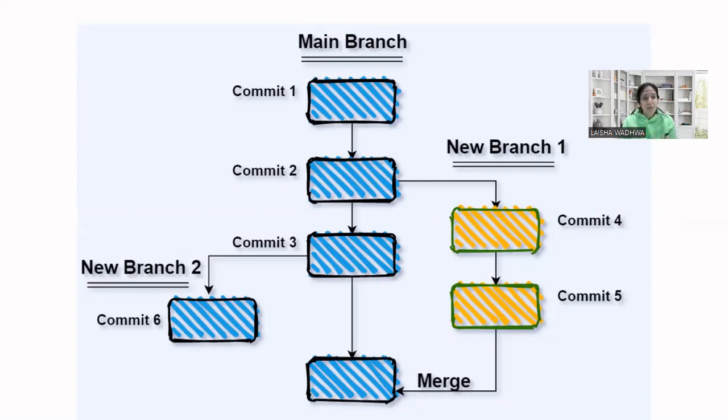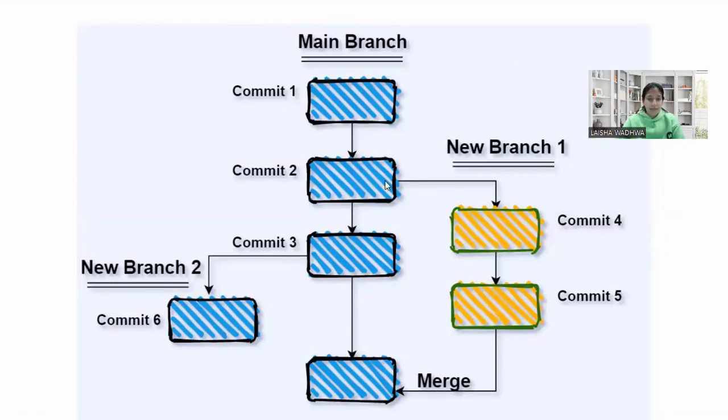So in a nutshell, what we have seen here is that branching is a very common thing that is used in version control systems. We start with a regular branch, which is our master branch. At any point, you can create a new branch, which is created out of your regular branch.